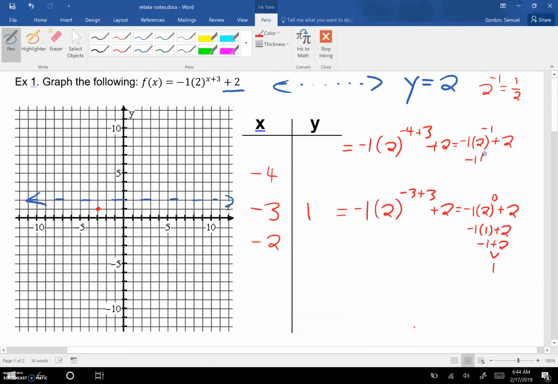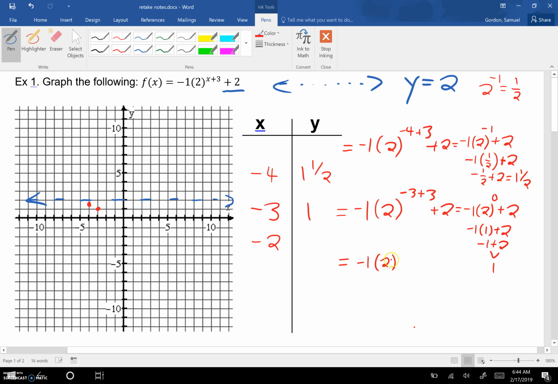So this would be negative 1 times a half, which is negative 1/2, plus 2, and negative a half plus 2 is 1.5. Let's graph that one: negative 4, 1.5.